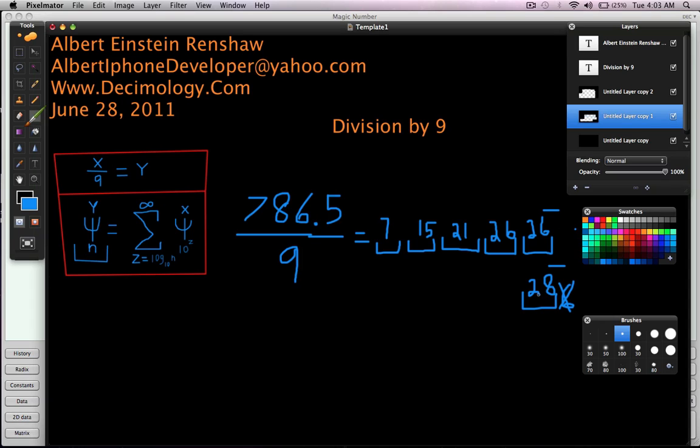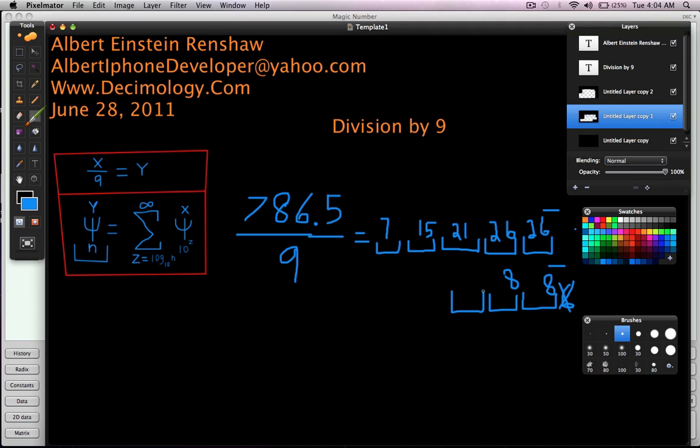We got to carry this 2 over now because we still only want 1 digit here. So this 26, we're carrying the 2 over to this 26 now. So we get rid of this 2, we carry it over, right? And we'll carry it into this 26. So now this becomes 28. And once again, we have to get rid of this 2 and carry it over to this 21 over here.